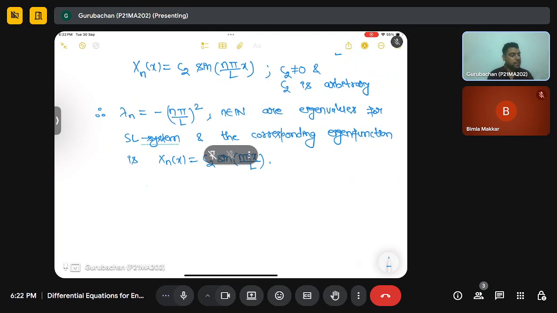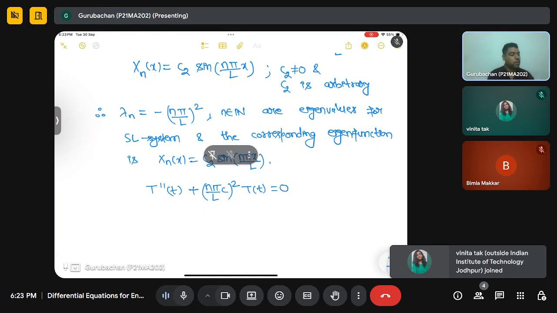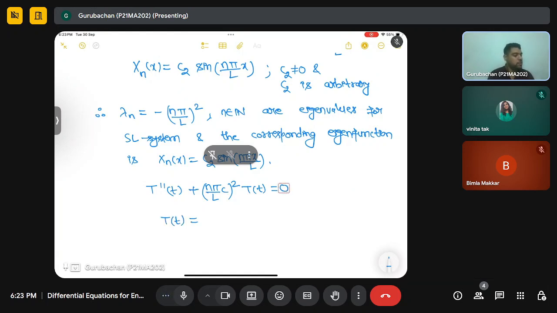Now we can deal with the other case, that is T''(t) minus lambda c squared T(t) equals 0. Here lambda is -(n pi/L)^2, which gives T'' + (n pi c/L)^2 T = 0.